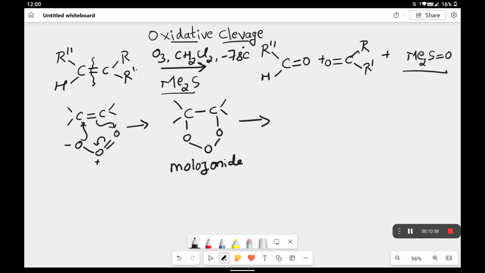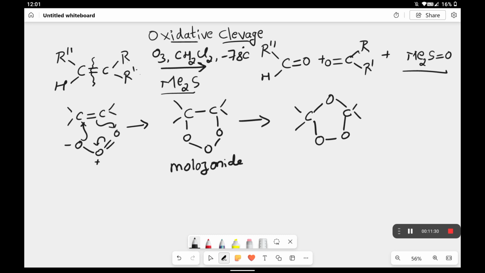Then this molozonide is converted into another, highly unstable intermediate. You need not learn the mechanism for how molozonide converts to this one; for the sake of examination, you just understand this.